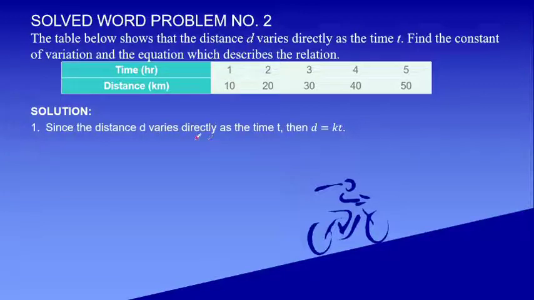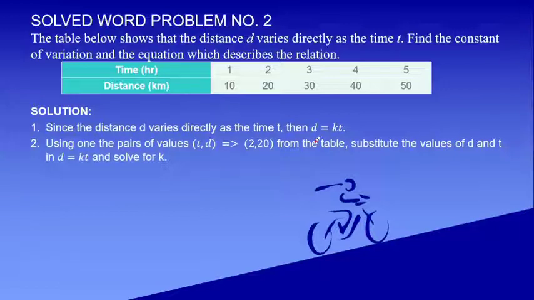So, which kind of equation? Since direct variation, focus lang tayo dito. Huwag muna tayo mag-isip sa inverse, joint, and combined. As the time t automatically multiplies to the constant of variation, such as k.